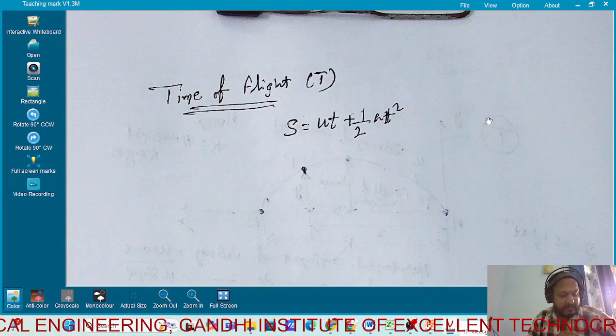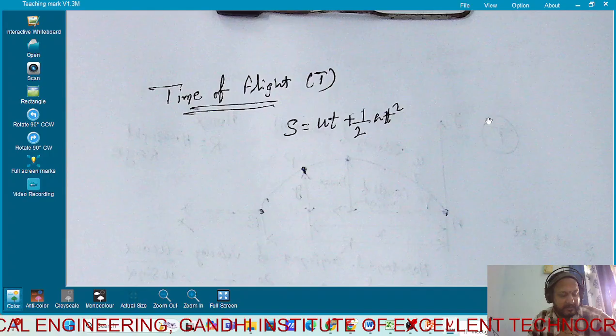u sine alpha into T is equal to half gT square. One T and this T get cancelled, or not? One of the T's gets cancelled. So u sine alpha is equal to gT by 2. Is it correct? So T is equal to 2u sine alpha by g.